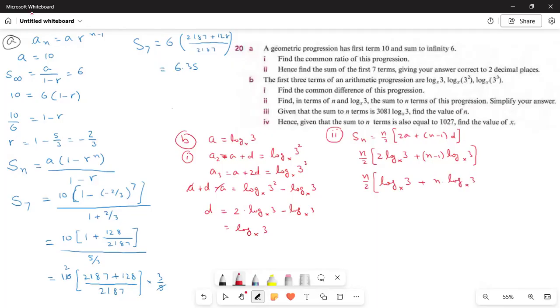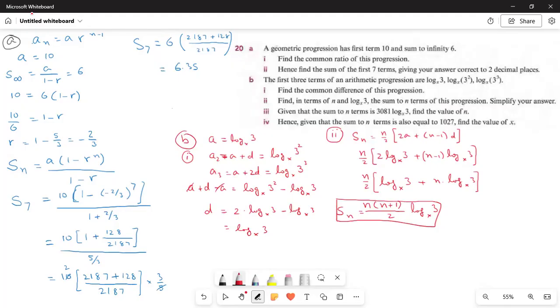I hope you're not confused by what I'm doing here. If I take log x³ common, inside I will have n plus 1. So this whole thing will become n into (n plus 1) divided by 2, multiplied by log x³. This is the sum of n terms, so this is the answer of my second question.